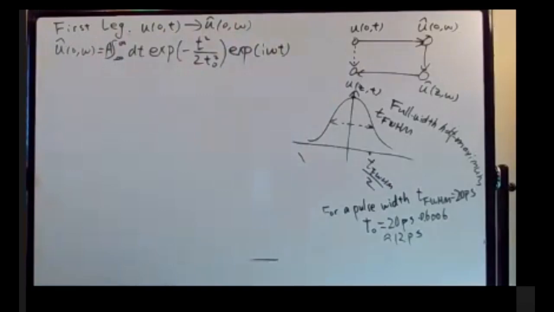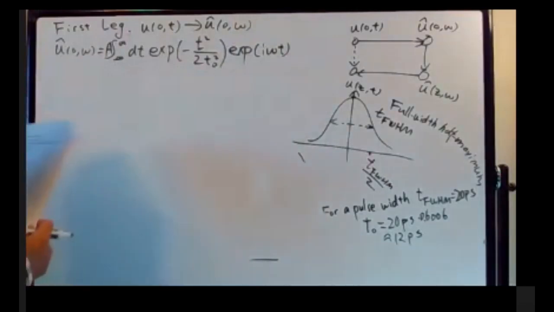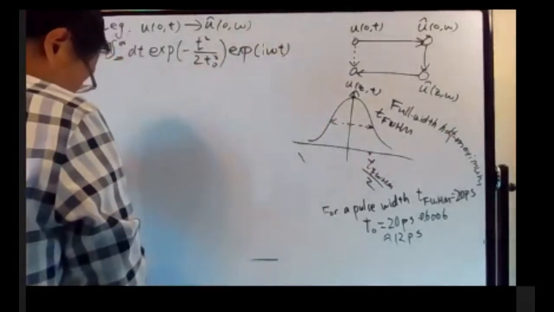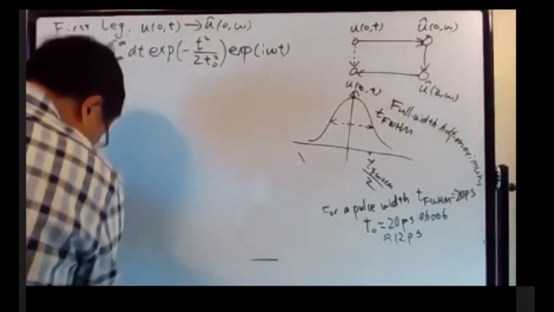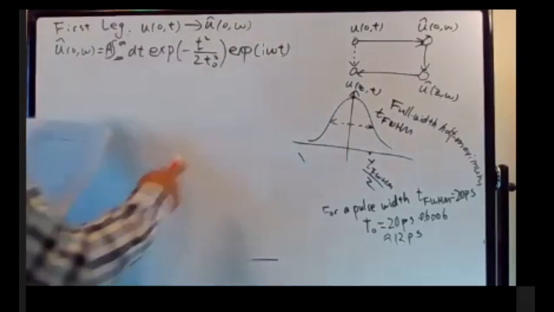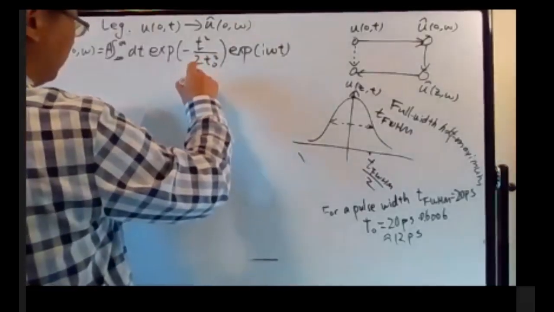Okay, so this Fourier transform, this integral is not straightforward. However, there is a table for the Fourier transform. Overall, we're not in a math class, we're in an engineering class, so we have a table.